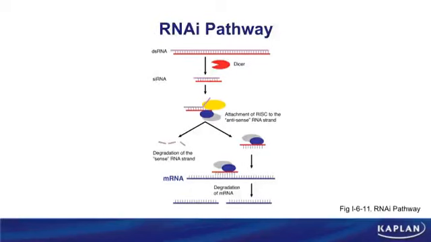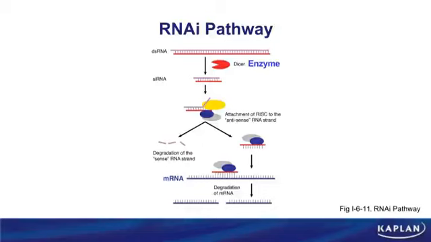In the biochemistry of the RNAi pathway, there's a very long double-stranded RNA to which an enzyme called Dicer acts. The Dicer enzyme will see this long double-stranded RNA and cut it up into fragments. These fragments are called small interfering RNAs, siRNA.